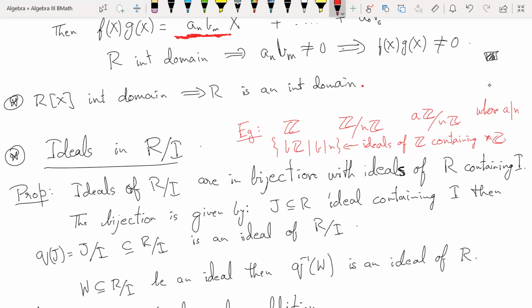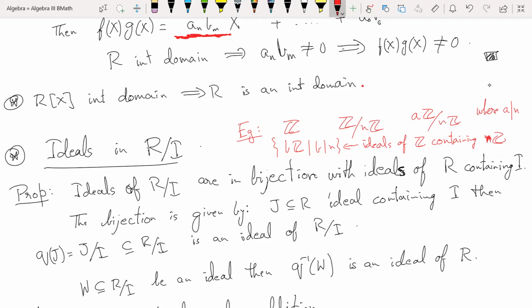Of course, if b divides n, then bZ contains nZ. Conversely, if you have an ideal bZ which contains nZ, then n belongs to bZ, which means that n is a multiple of b. So this is precisely the description.